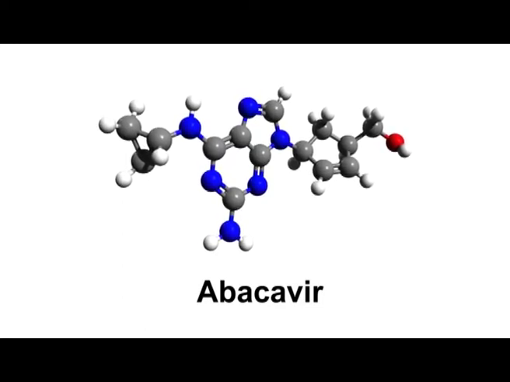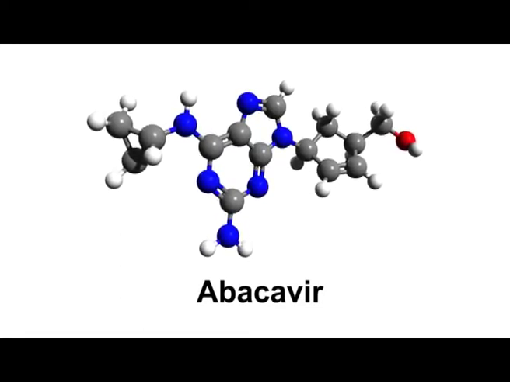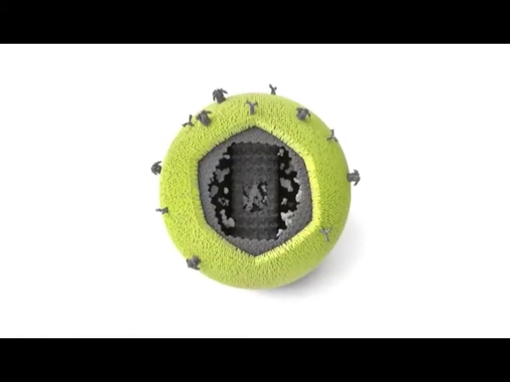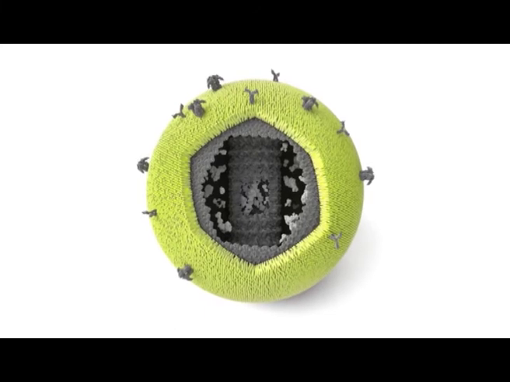In this drug, the carbocyclic ring is attached to the base instead of sugar. It is available in combination formulations: abacavir, lamivudine and zidovudine; abacavir, dolutegravir and lamivudine; and abacavir and lamivudine. ABC is an analog of guanosine, a purine.